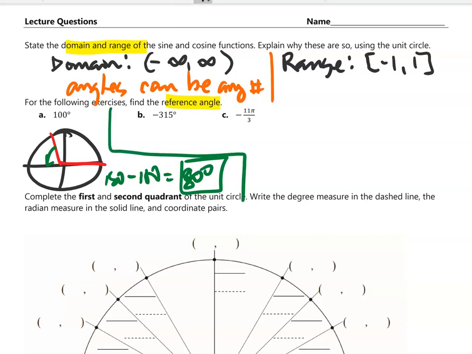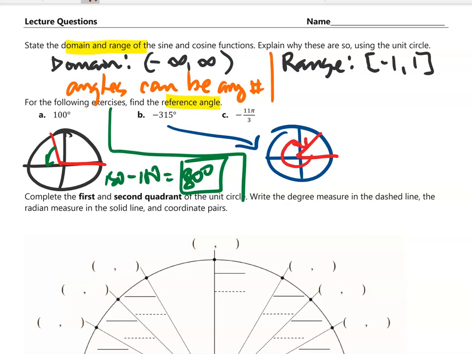Letter B, -315. So I'm gonna use it here. Where is -315? And so this is -315 degrees.